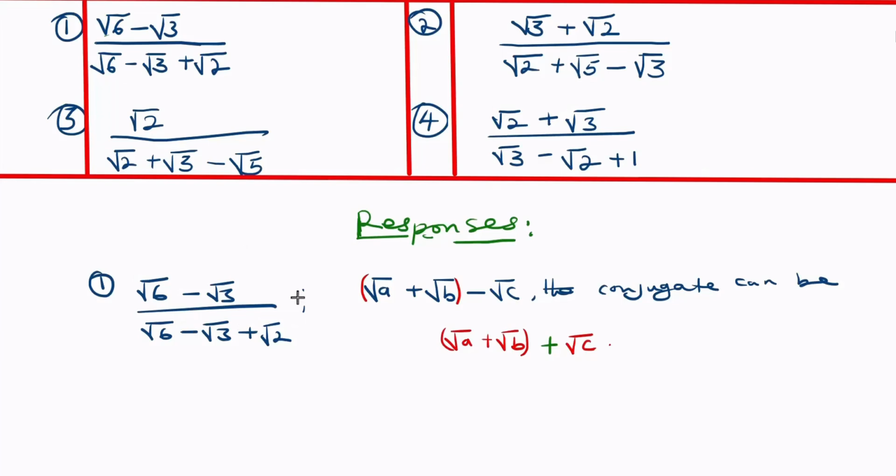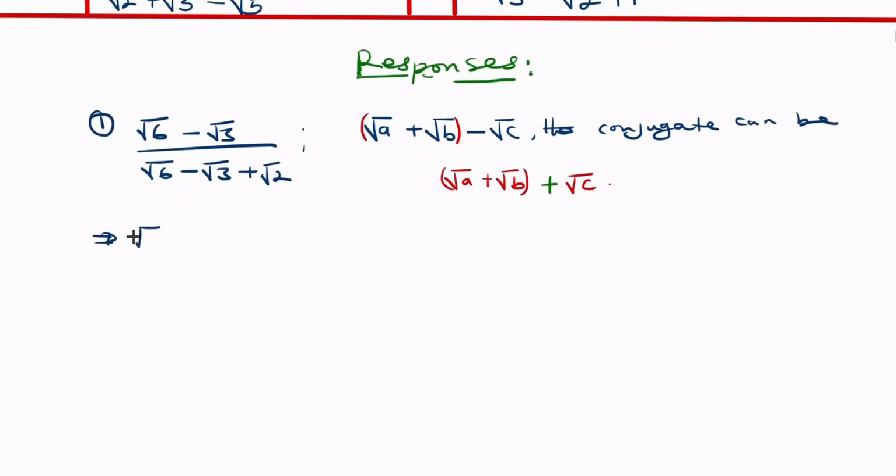We are going to simplify or rationalize. Our root 6 minus root 3 divided by root 6 minus root 3 plus root 2.